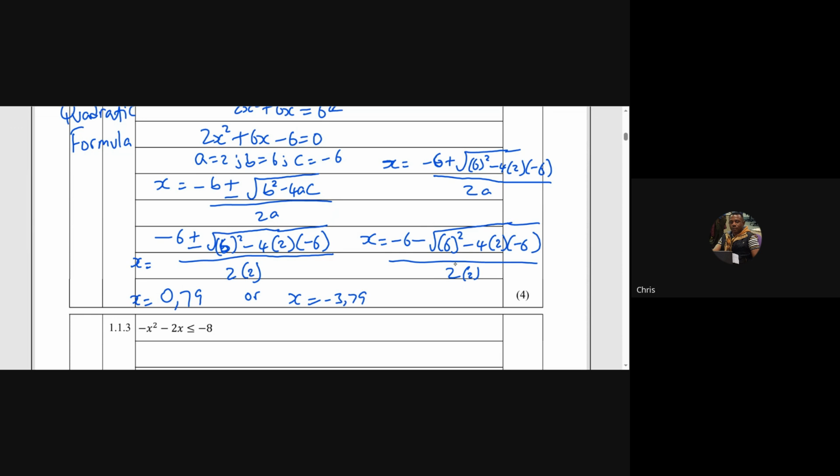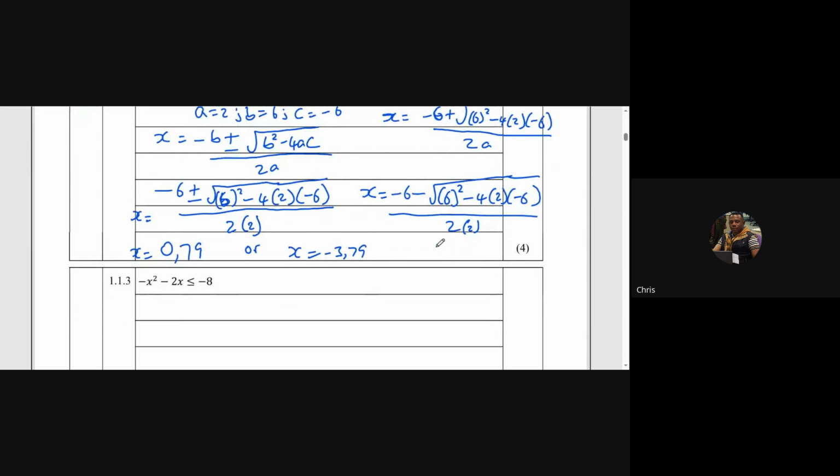If you know you can't really get everything in the calculator, please make sure you take them step by step. If I have x equals negative 6 plus, if I punch this one in the calculator, like the 6 squared minus 4 times 2 times negative 6, what I'm going to get there is 84.